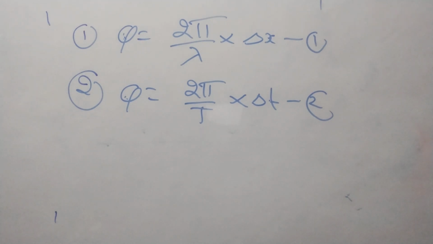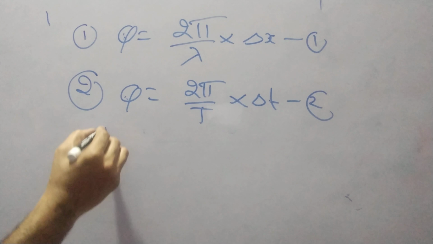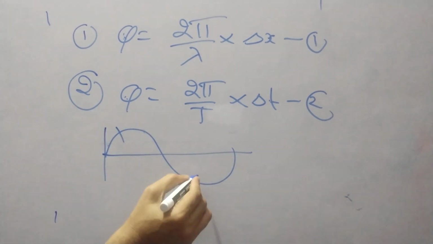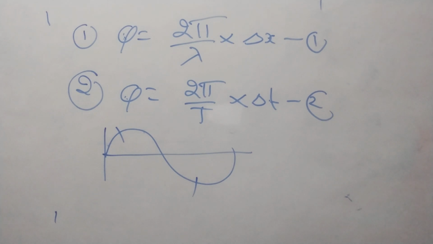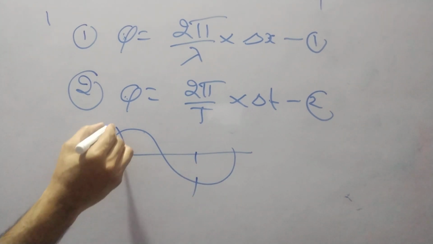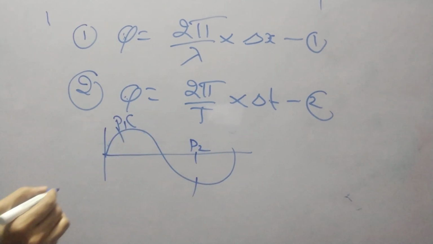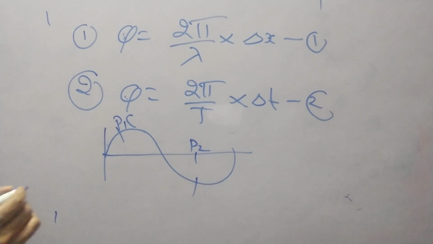Now you know what path difference and time difference are. Suppose you take a wave like this, and you are taking a point anywhere. Suppose this is P1 and this is P2.